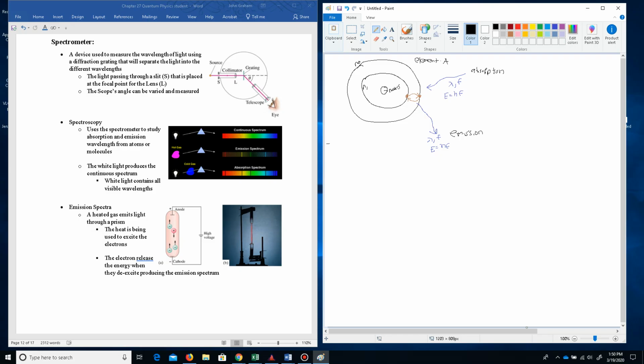And just what ends up when you look through, if you're looking at white light, like the whiteboard or a light, you would see all the different colors of the continuous spectrum. If we heat up a gas, a specific element, which we have these little machines in our lab that heat this up, we will see what's called an emission spectrum, and you only see certain wavelengths that are given off by that element.